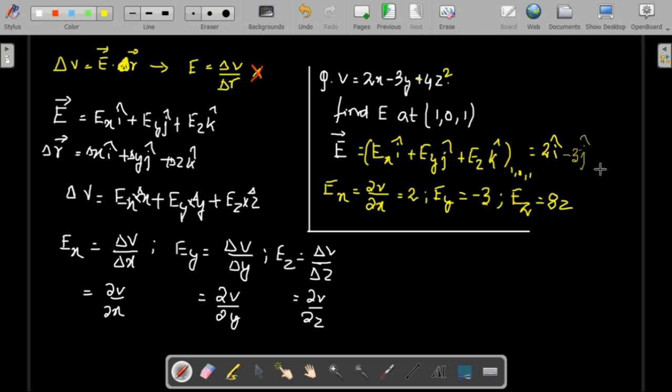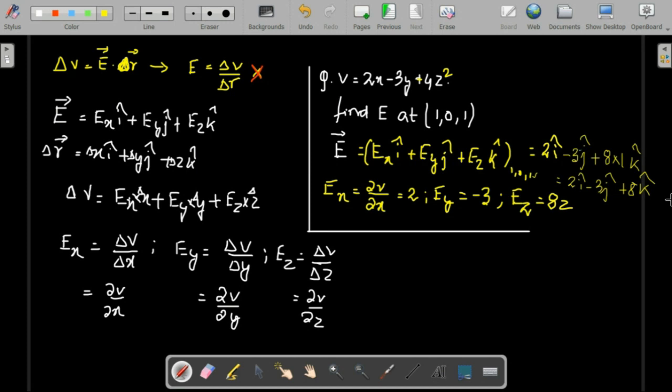For k cap we can take Ez, and Ez is nothing but 8z. At the point (1, 0, 1), the z value is 1, so I can take 8 into 1 into k cap. So that means the electric field is 2 i cap minus 3 j cap plus 8 k cap.